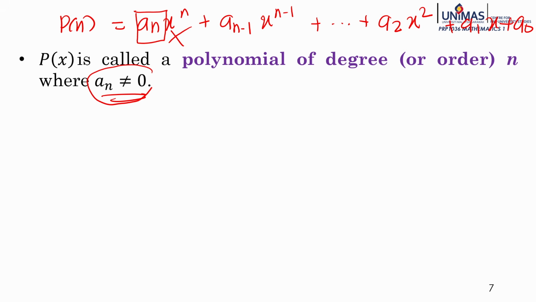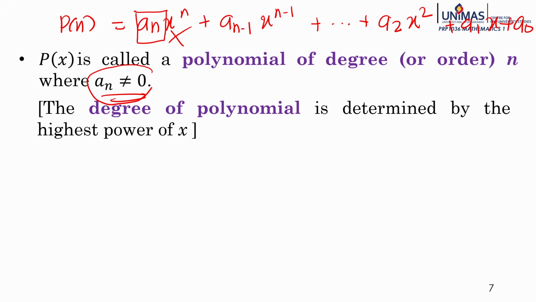The degree of a polynomial is determined by the highest power of x. For example, if you have p(x) equal to 3x squared plus 4x plus 1, the degree is 2, so the highest is 2. Each degree has a name, which we will see later on.